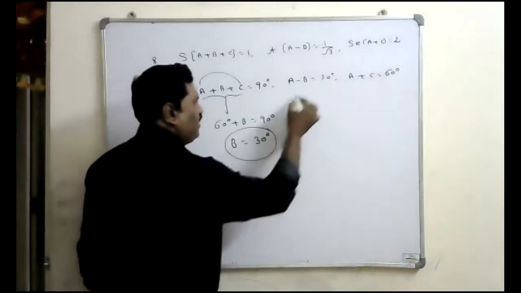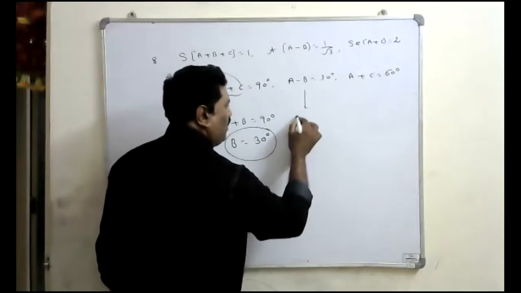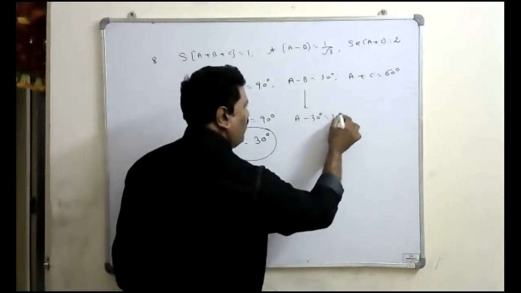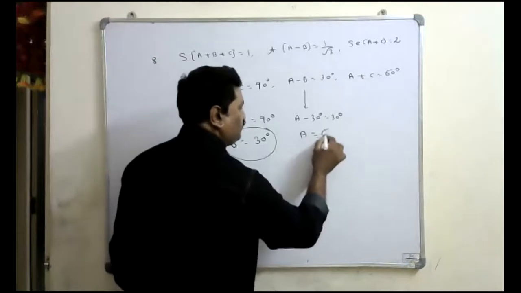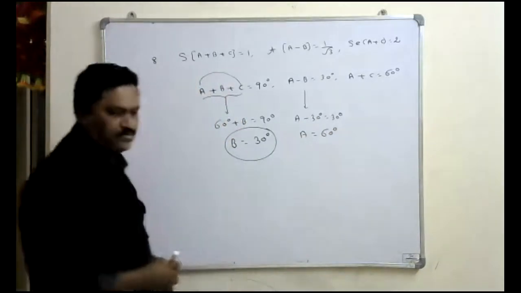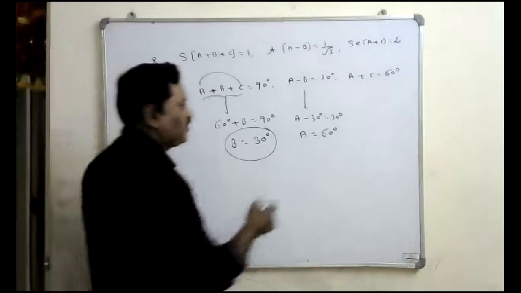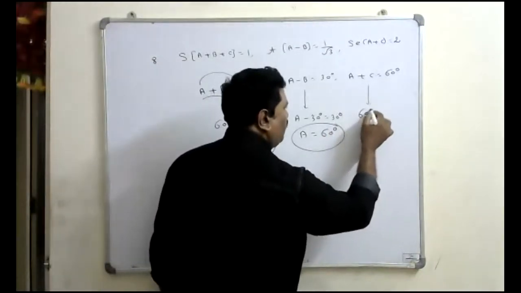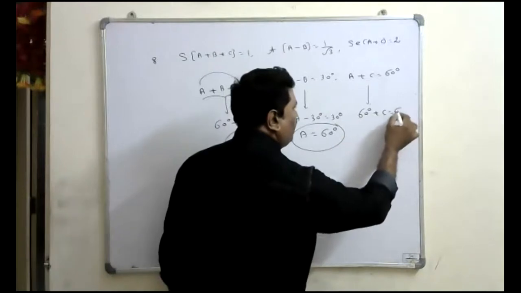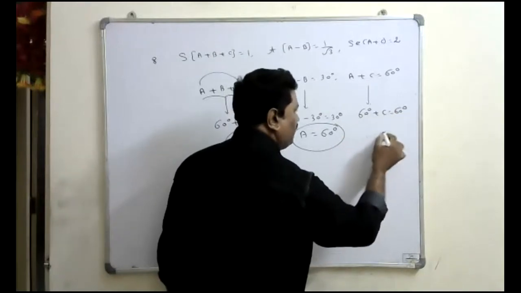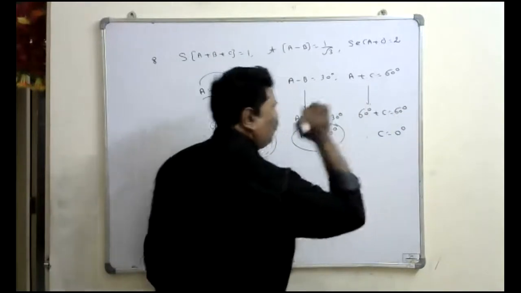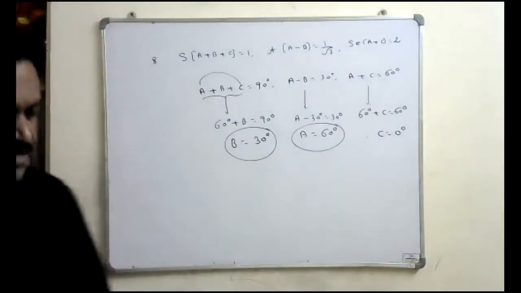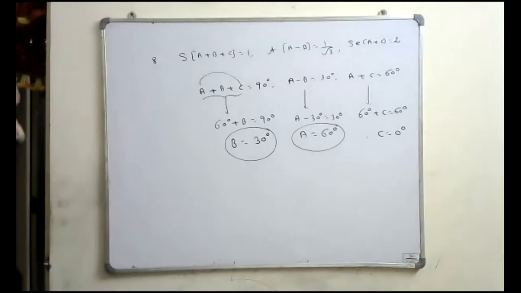Substitute that angle b here: a minus 30 is equal to 30. Therefore, a is equal to 60. Here we got the angle a. Substitute this angle a here: 60 degrees plus c is equal to 60 degrees. Therefore, what is angle c? 0 degrees. These are the values of a, b, c: a is 60, b is 30, c is 0.